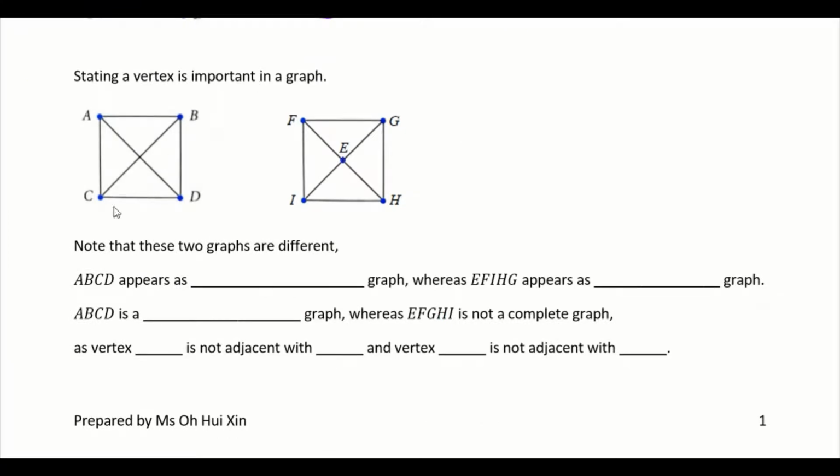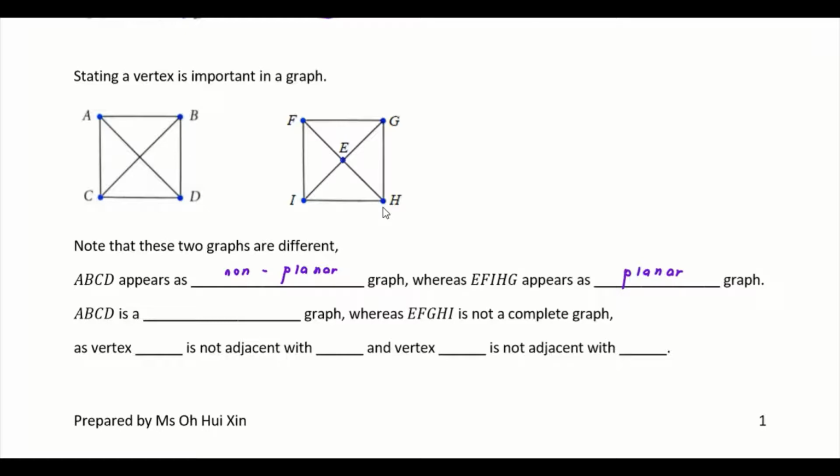So ABCD appears as a non-planar graph because you can see that the edges BC and AD are overlapping each other. But in this case, EFGHI actually appears as a planar graph, because if you have a vertex in the middle, you imagine you have another pole in the middle, then you are connecting a wire from E to I, E to F, E to G, and E to H. So that's why there's actually no overlapping, no crossing over of the wires. It's just everything connecting to the middle.